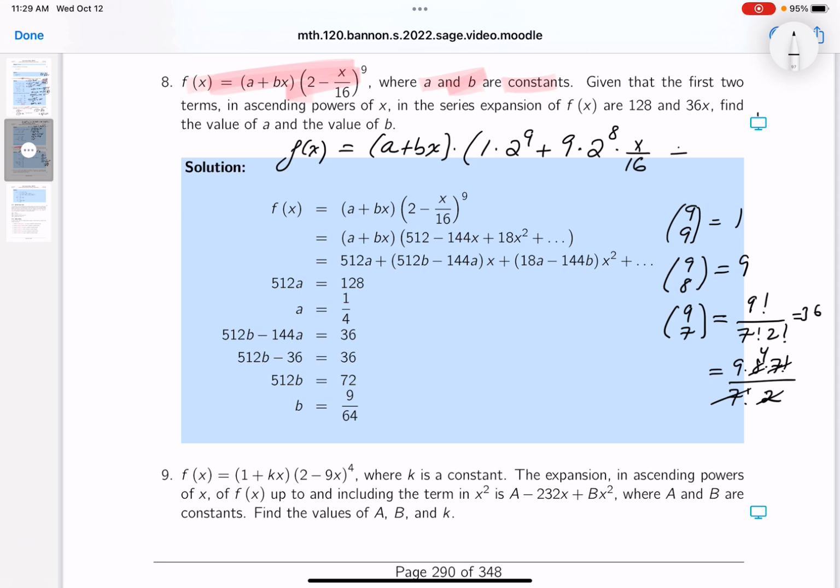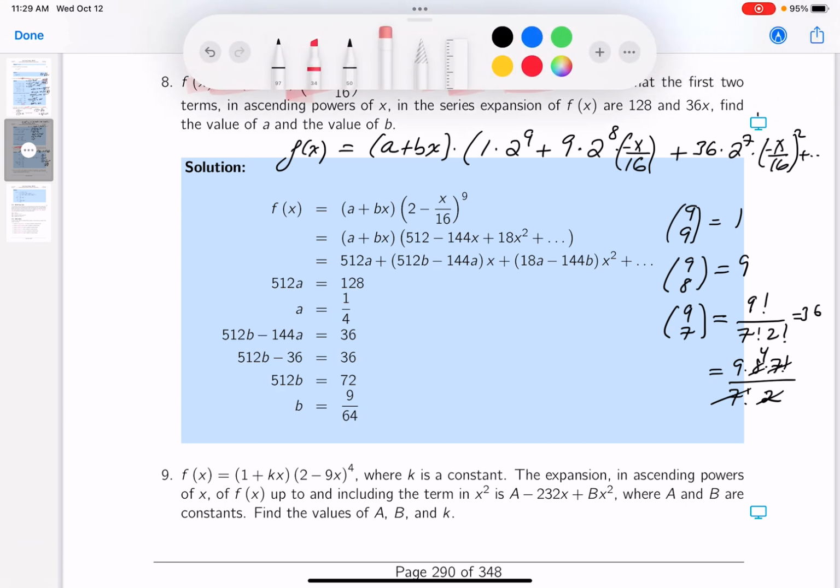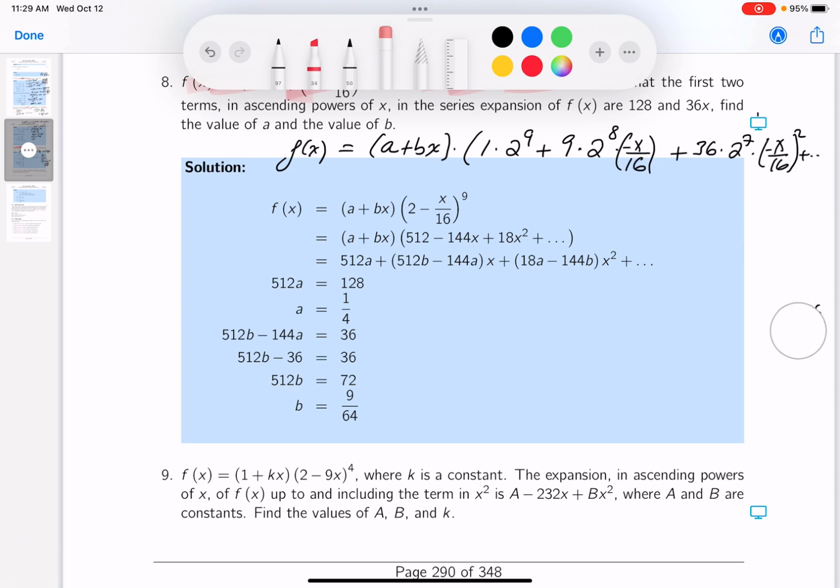You're going to get plus 36 times 2 to the 7th times x over 16 squared. And this goes yada, yada, yada. All right. Oh, you know what? It's minus. I'm sorry about that. I get my eraser out, and we'll start doing it. It's busy work, isn't it? Let's write this down. So what do you get?